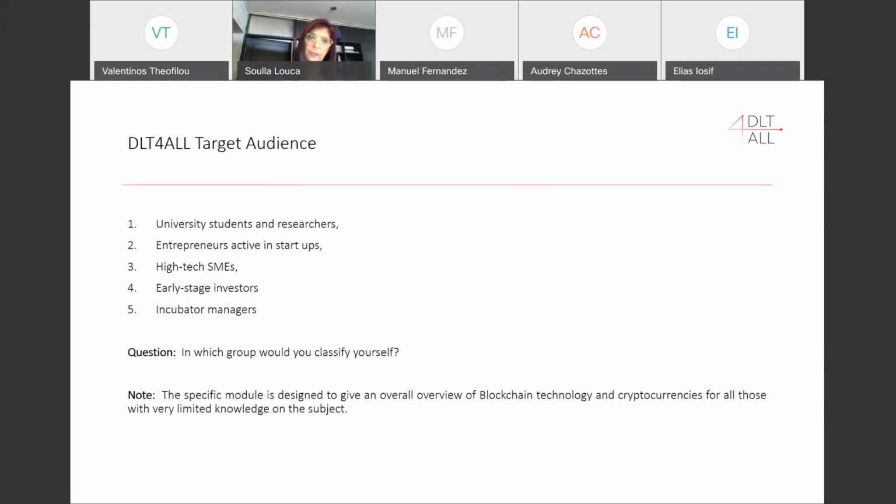I would like for you to pause for a second and think, where would you classify yourself? Afterwards, we also have a questionnaire that includes this question, and it will be very useful for us to identify the target groups from which our participants for these different modules come.